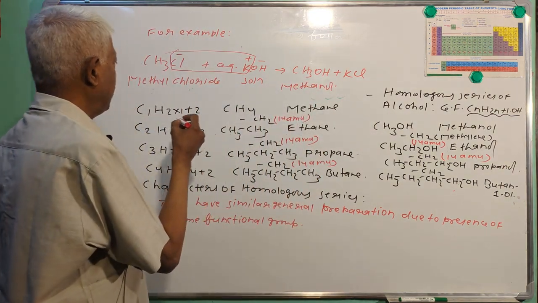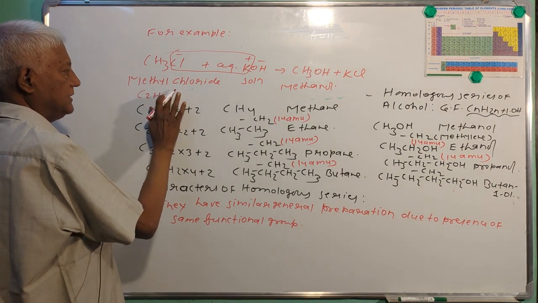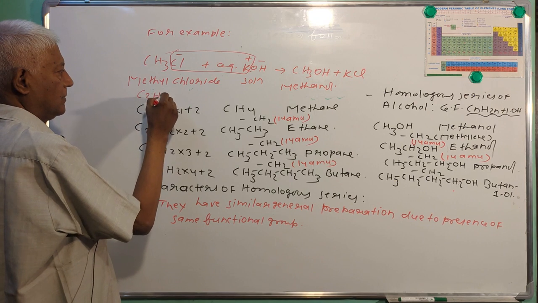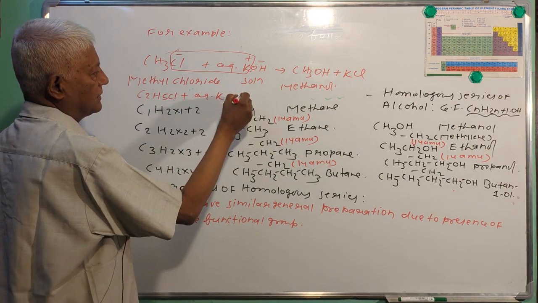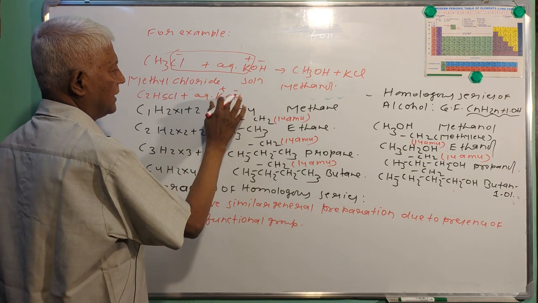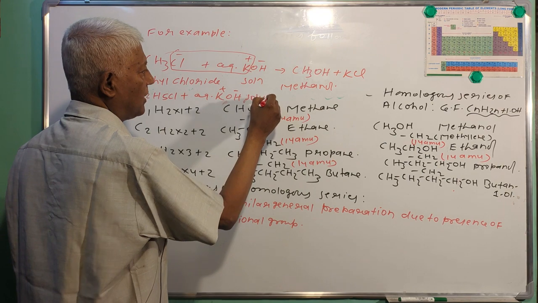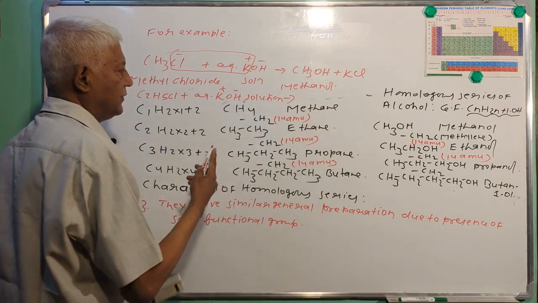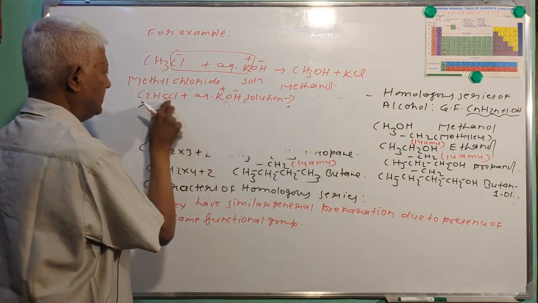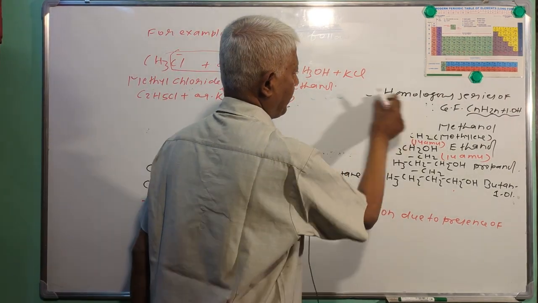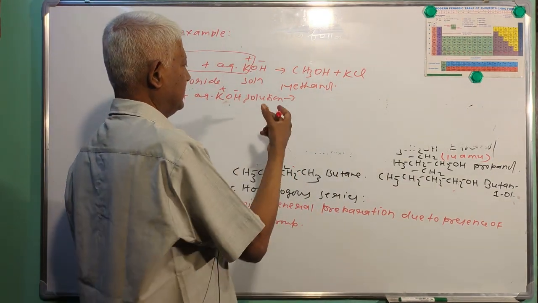That is known as methanol. Likewise, when we talk about C2H5Cl plus aqueous KOH solution, solution means solution made in water, what do we have?